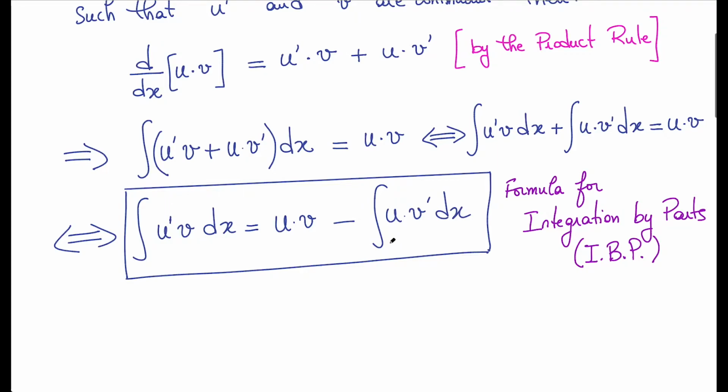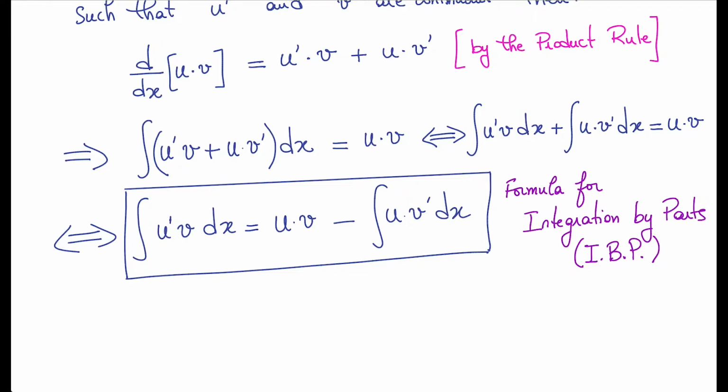What does it say? Well, the first thing I realize is if you try to integrate this function u prime v, if you try to find this primitive here, the differentiation operator d over dx, the notation is prime here, is acting on u on the left side, whereas on the right side, it's acting on v.